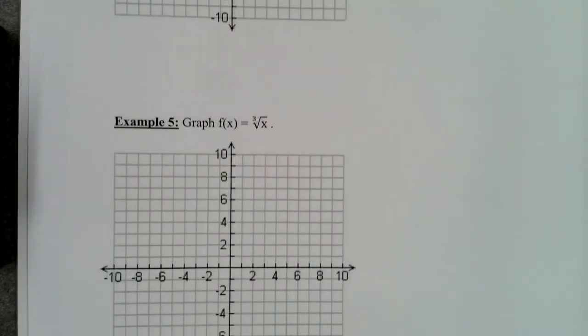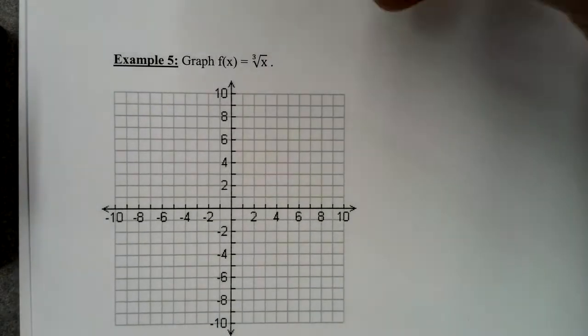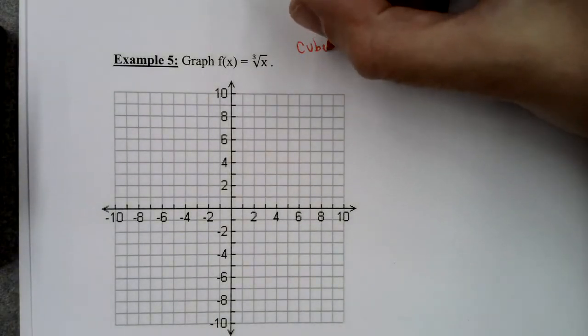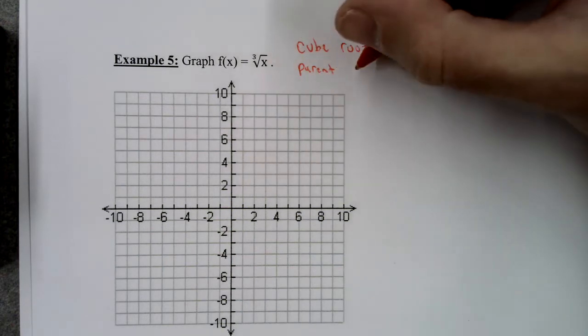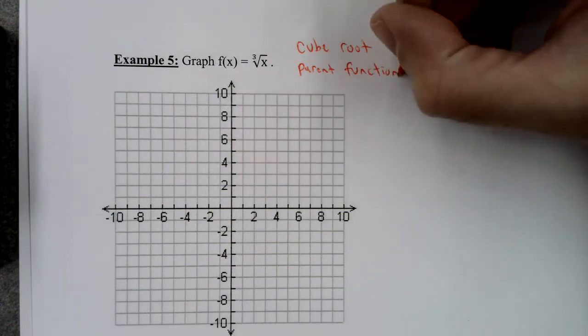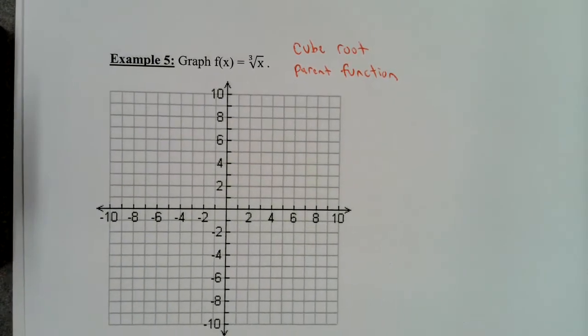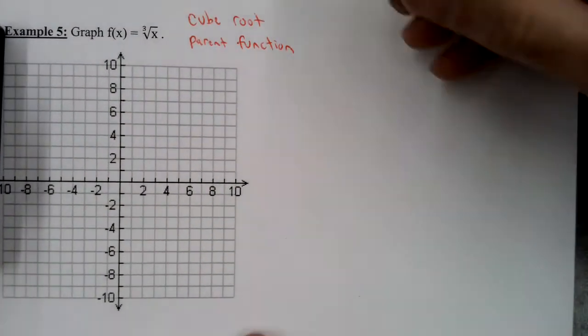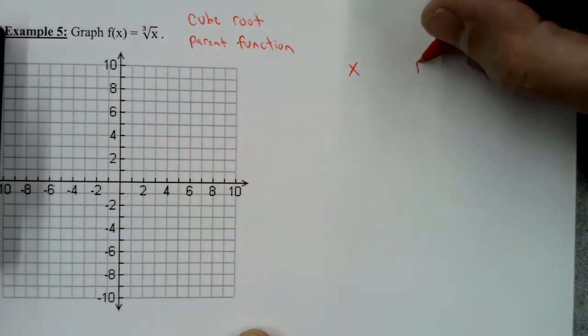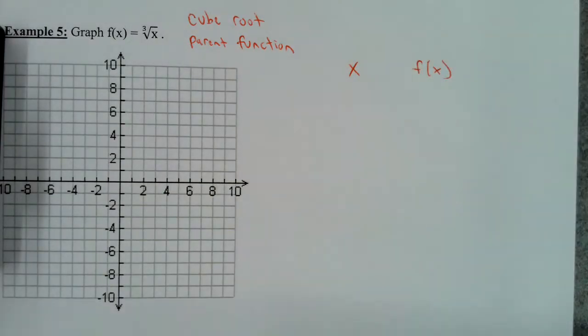So that's square roots. Now we're going to do the cube root parent function. Okay, this is going to be called the cube root parent function. So I'm going to make my table right here. And then we can do the graph.